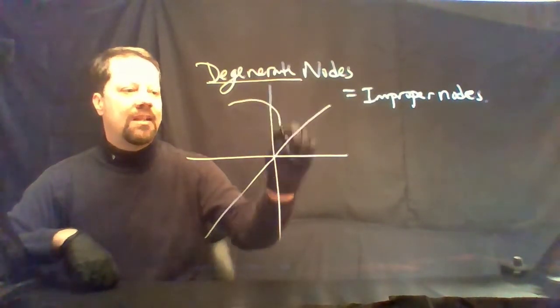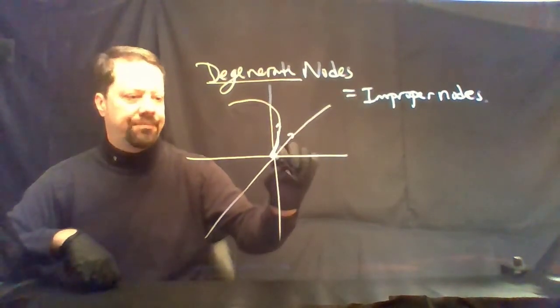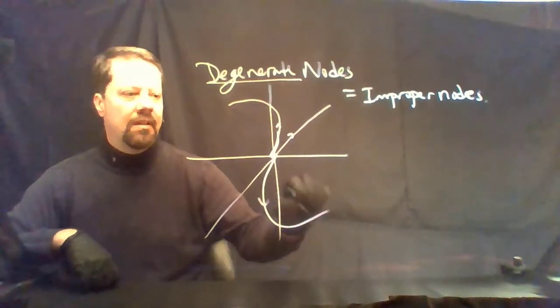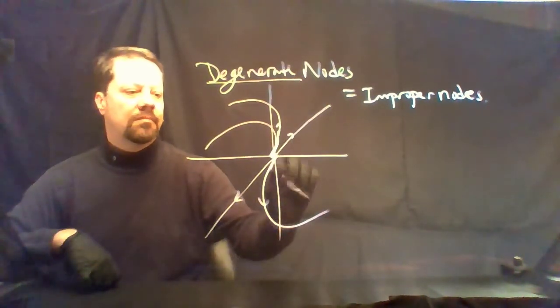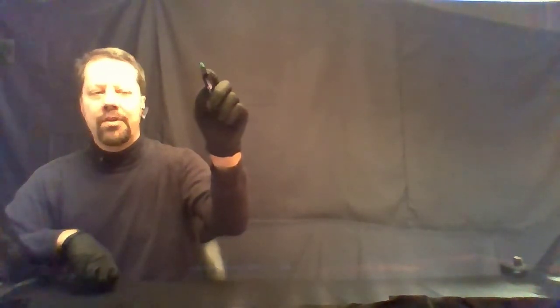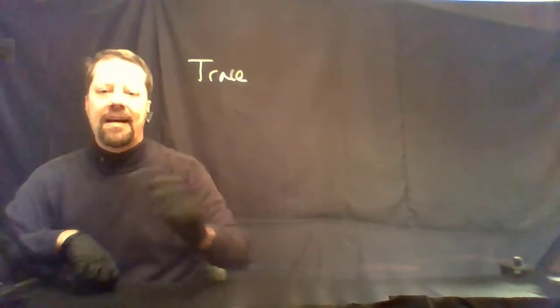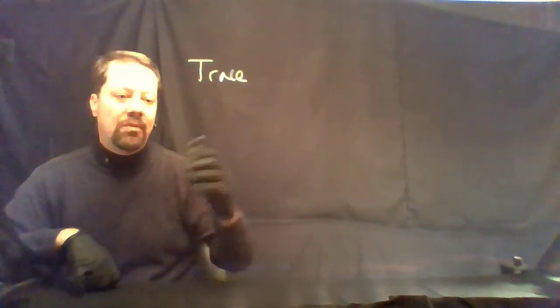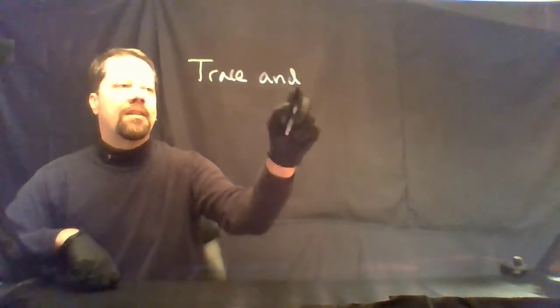And so what you'll see is curves kind of doing something like this, going off in these other directions, like this. It's possible for the 2x2 case to classify these equilibria at the origin by the trace and determinant.